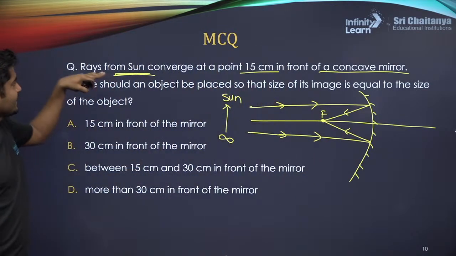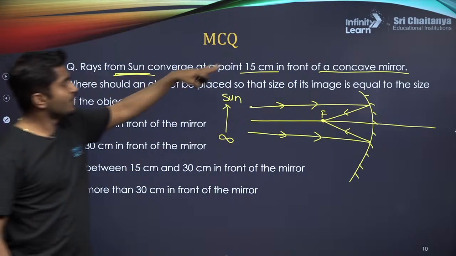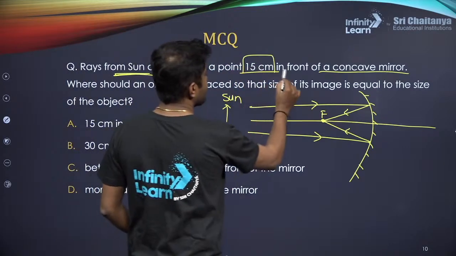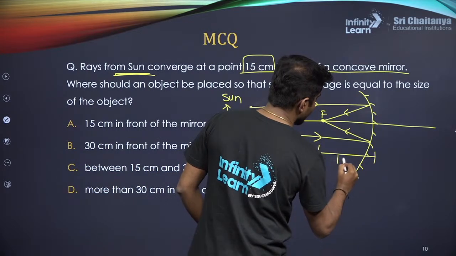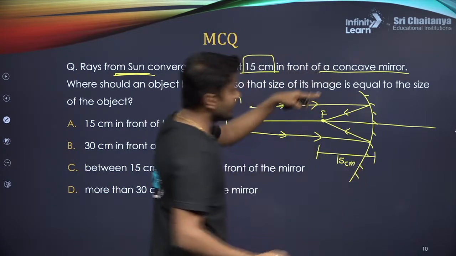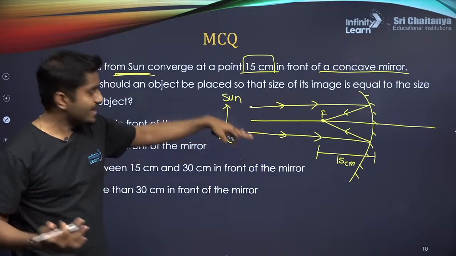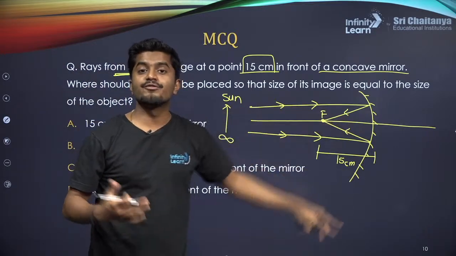So what does it say? The rays from the sun converge at a point 15 centimeter in front of a concave mirror. So this distance is 15 centimeter. What do we know now? We know that the focal length is 15 centimeter.